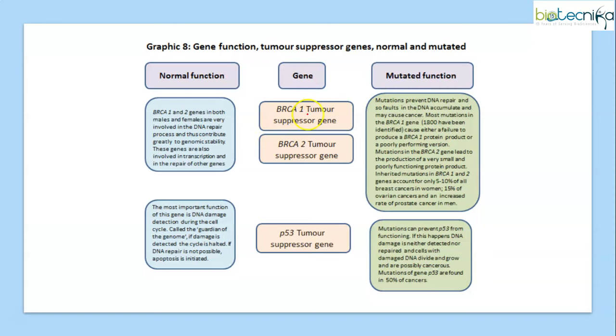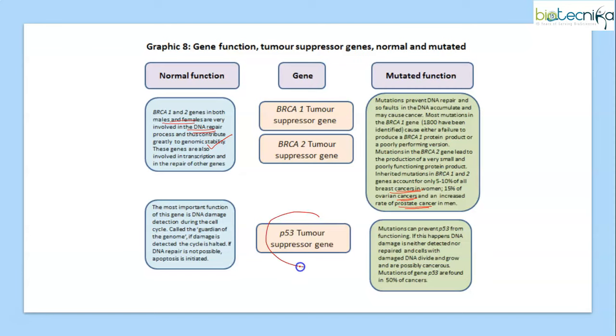BRCA1 and BRCA2 are normally present in both males and females, and they are involved in the DNA repair process, contributing to genomic stability. But if mutated, it results in ovarian cancer or breast cancer in females. When it comes to males, they result in prostate cancer.